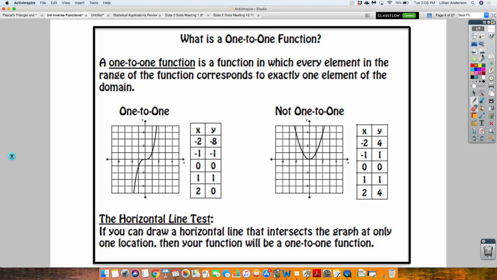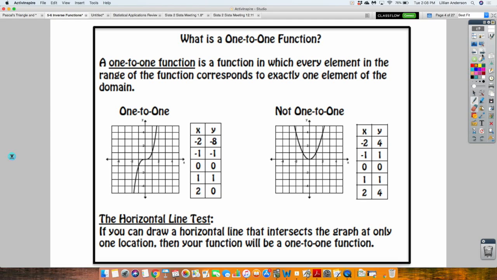Here's a function. This one represents the cubic function, y equals x cubed. If you notice, your range outputs are -8, -1, 0, 1, and 8. Every element in the range corresponds to exactly one element in the domain.